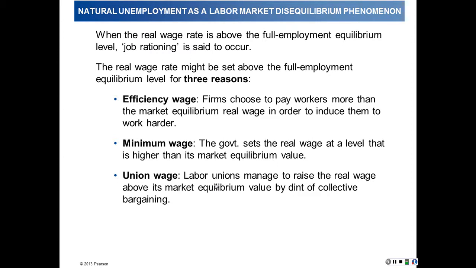And finally, efficiency wages. Now, in this story, firms themselves choose to pay their workers a wage higher than the equilibrium real wage. In your last exam, the very first question, if you recall, spoke about Henry Ford offering his workers $5 a day back in 1914.